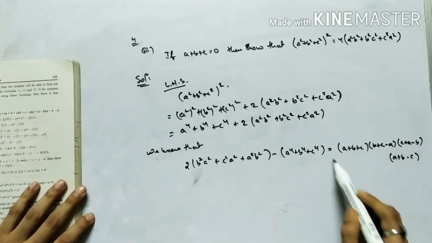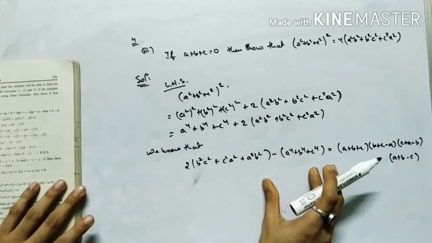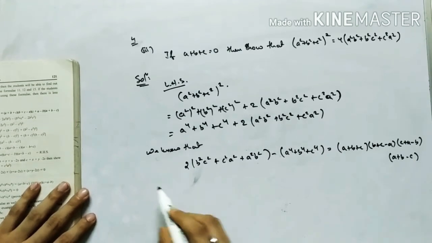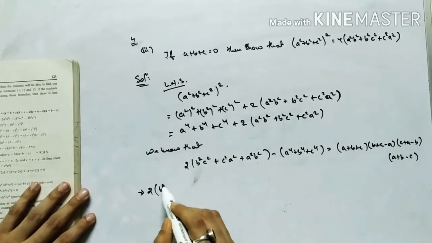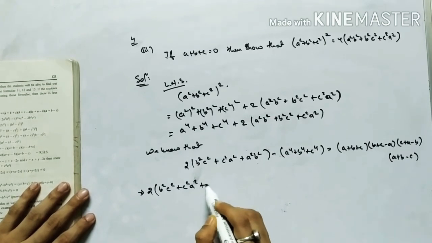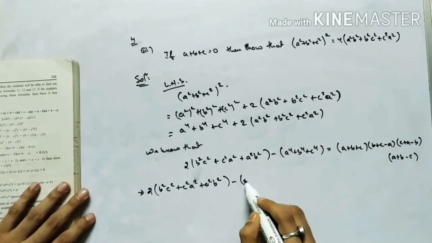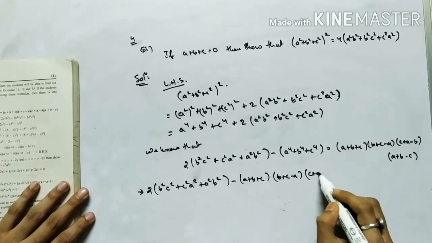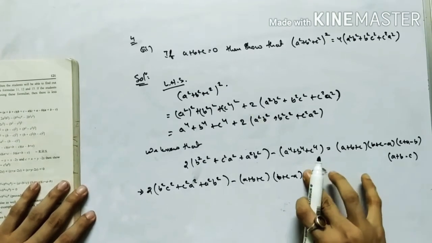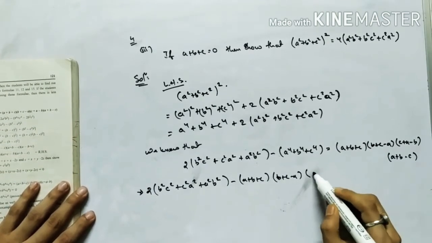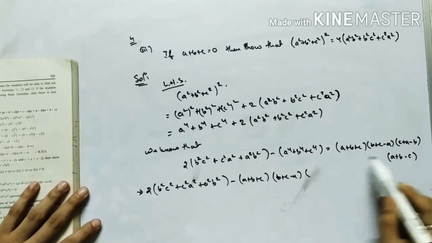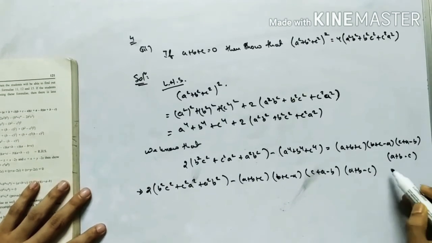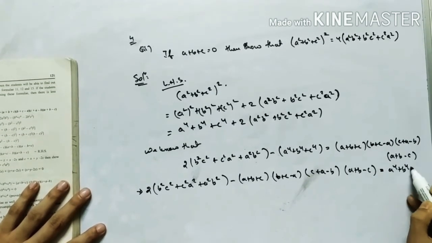Now what I will do, this whole thing from the right hand side I will bring to the left hand side, and this one I will send to the right hand side. So ultimately I will get twice (b square c square plus c square a square plus a square b square) minus (a plus b plus c)(b plus c minus a)(c plus a minus b)(a plus b minus c) is equal to a4 plus b4 plus c4.